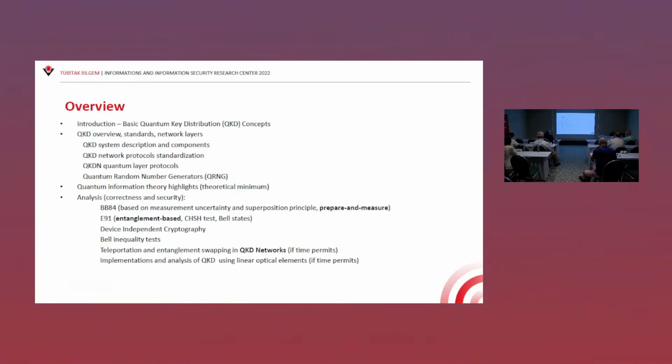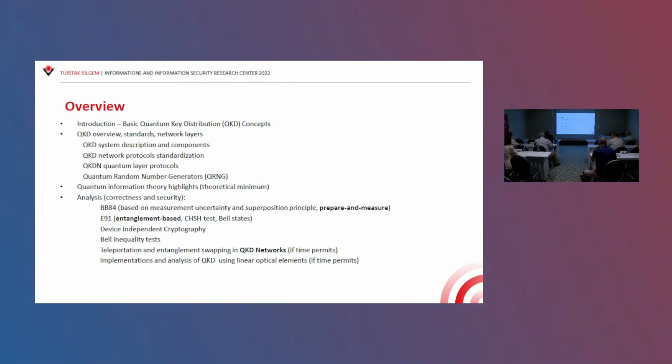Okay, this is going to be an overview of my talk. This is a longer summary, but I think I'll be able to complete this part of it. Quantum key distribution is an important application of quantum technologies, using the entanglement and superposition properties of photons.